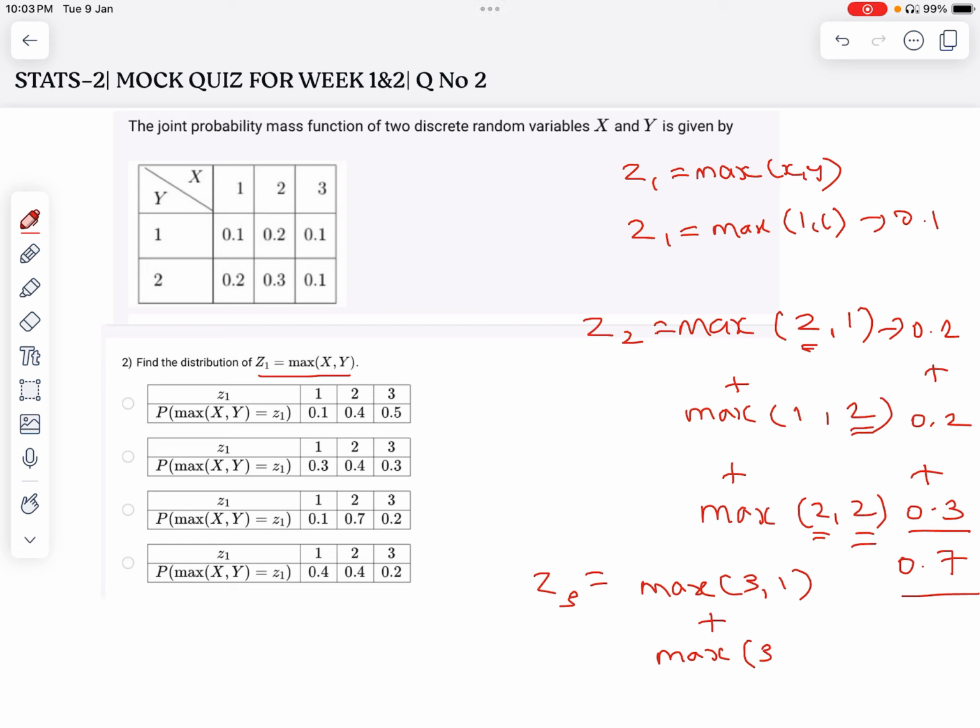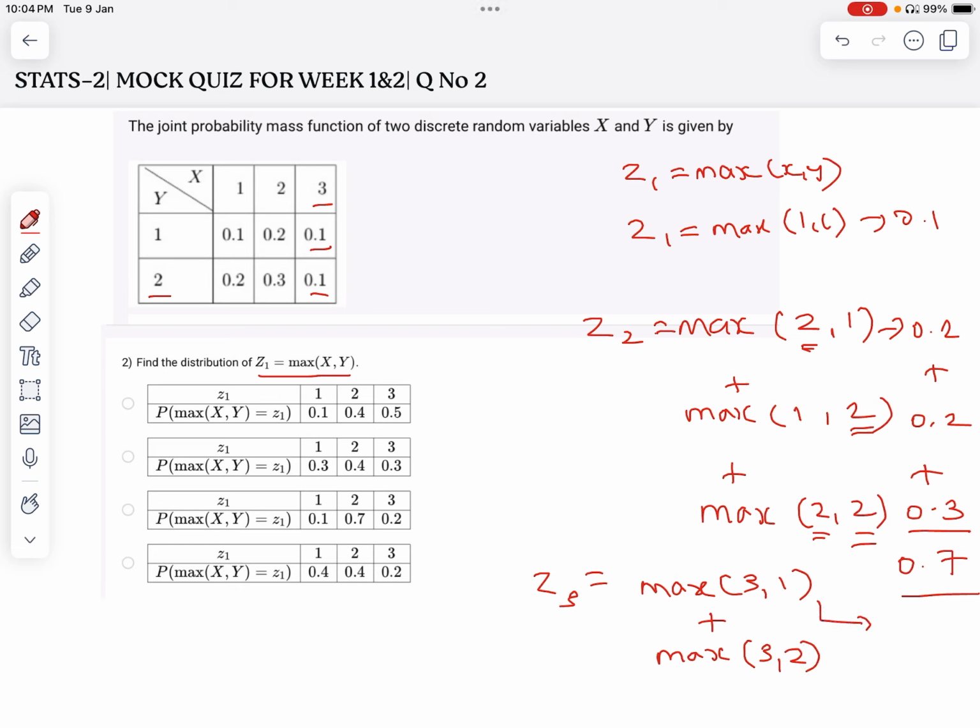The maximum value for X is 3, because we are finding the variable for 3, but for Y the maximum value is 2. Therefore the only possibilities are 3 comma 1 and 3 comma 2. We have written 3 comma 1 already, and next we should write 3 comma 2.